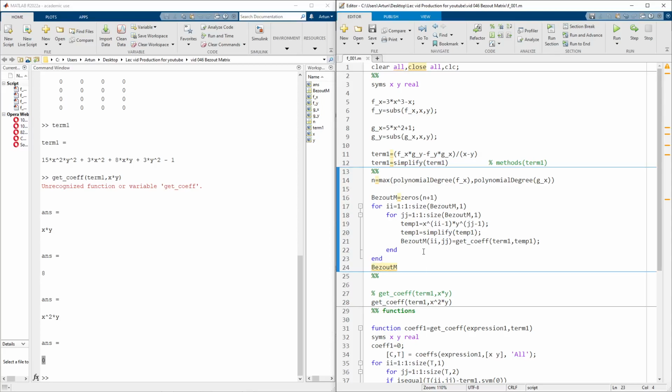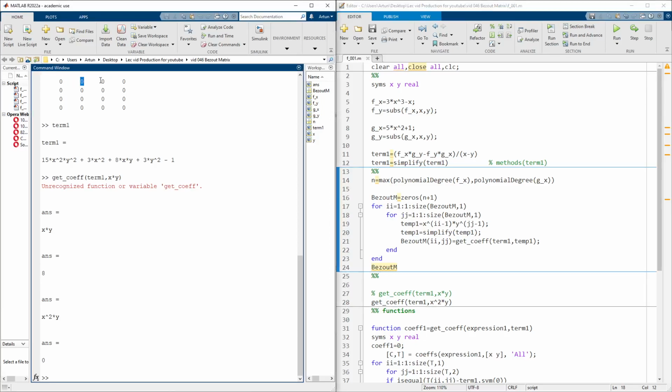Before running that, let me explain the idea. First of all, you have two for loops. It's obvious that we are just iterating over the entries of this matrix. When i equals 1, j equals 1, then j equals 2, and then i equals 2, j equals 0, j equals 1, j equals 2, and j equals 3.